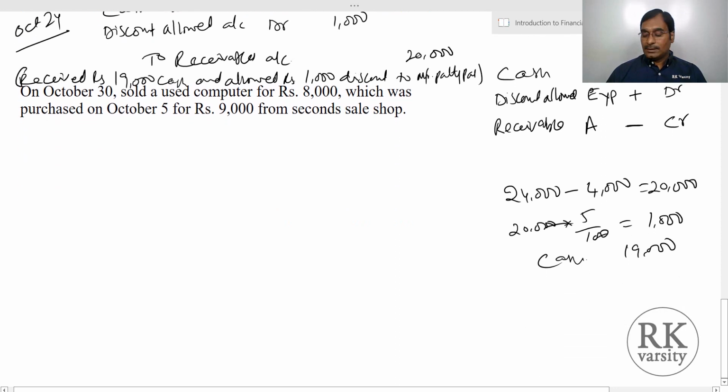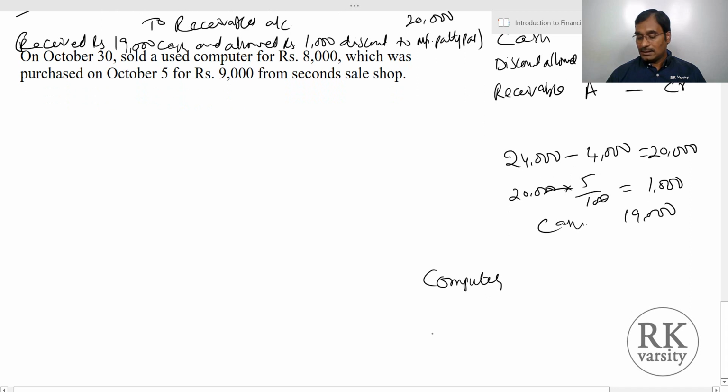Alright, and the final transaction is on October 30 sold a used computer for rupees 8,000 which was purchased on October 5th for rupees 9,000 from second sale shop. So here you have an asset which you are selling, that is your computer is one, then second is a cash.